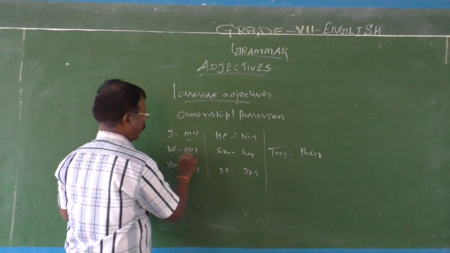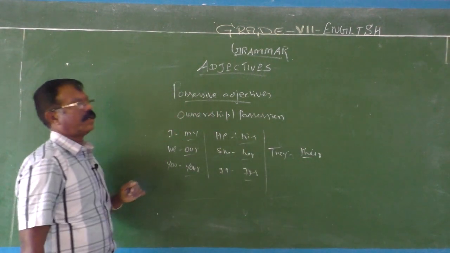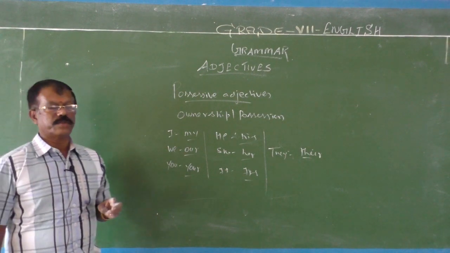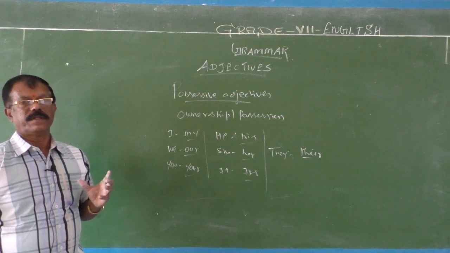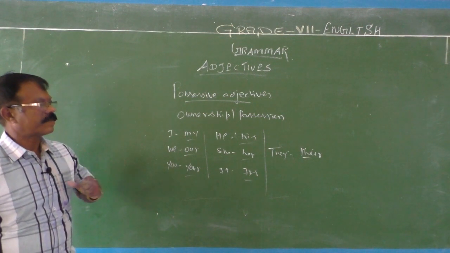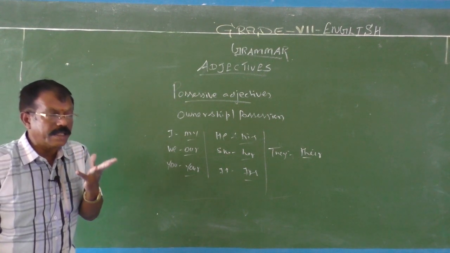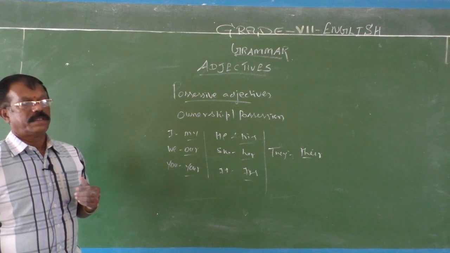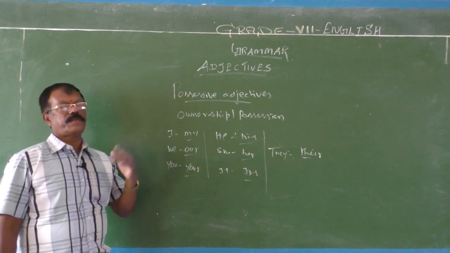Here my, our, your, his, her, its and their are called possessive adjectives because they stand for the ownership or the possession of something. They clearly point out the possessiveness or the ownership of somebody.